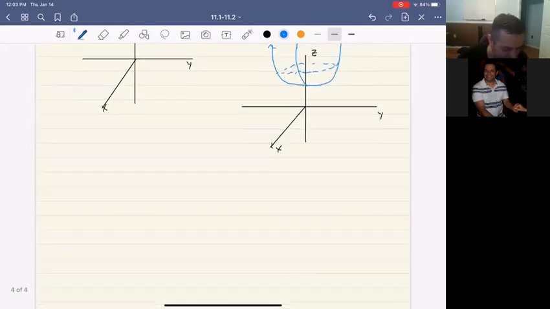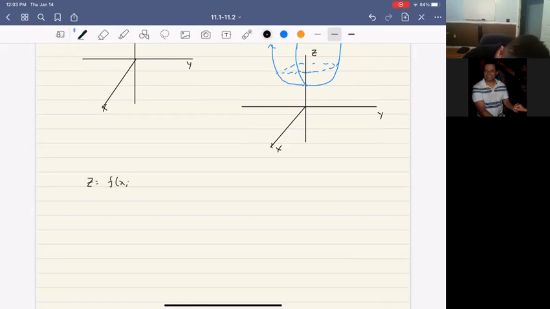All right, let's look at a couple other things to graph. Let's take a look at graphing z equals f of x, y equals the square root of 4x squared plus y squared, okay? So let's again look at, for example, just z equals, let's say, y squared. Sorry, that z equals the absolute value of y, right?